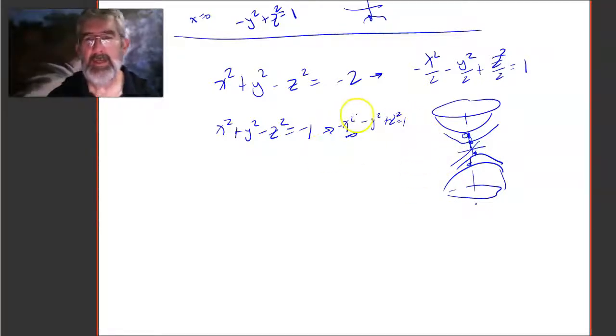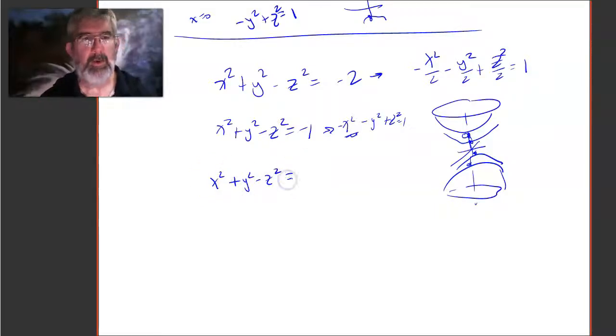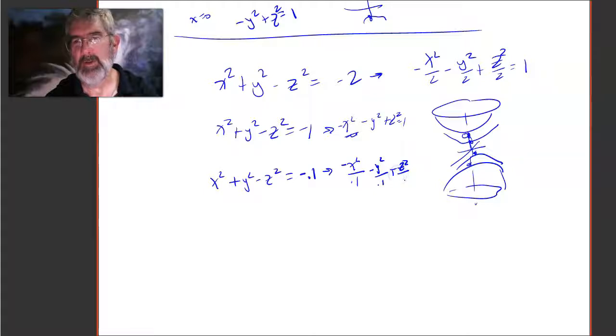And as we keep changing that number closer to 0, say x squared plus y squared minus z squared equals -0.1, then that turns into minus x squared over 0.1 minus y squared over 0.1 plus z squared over 0.1 equals 1.